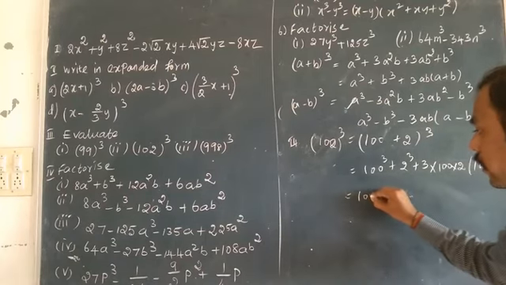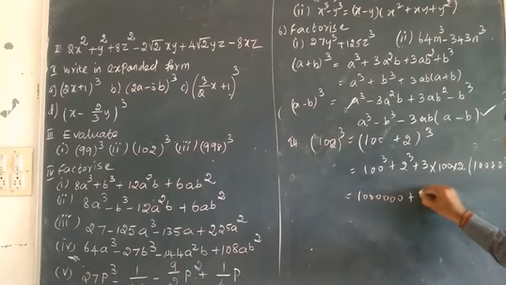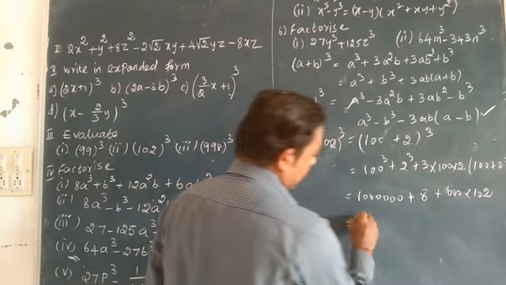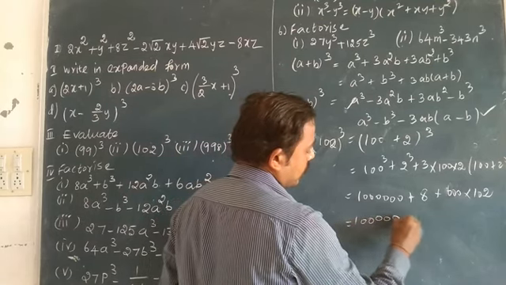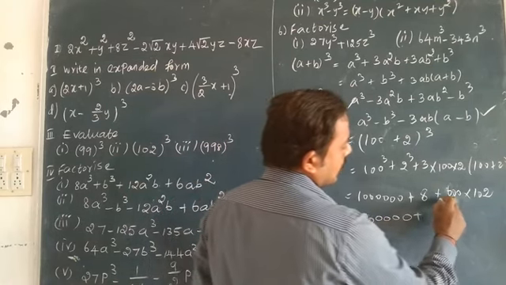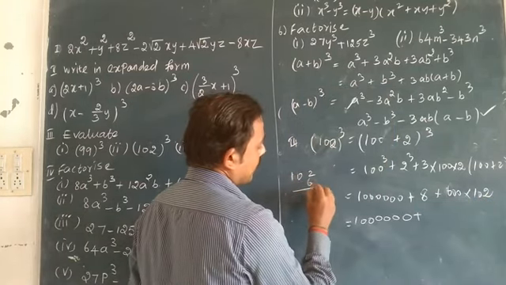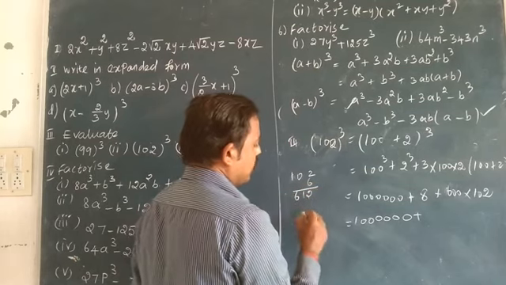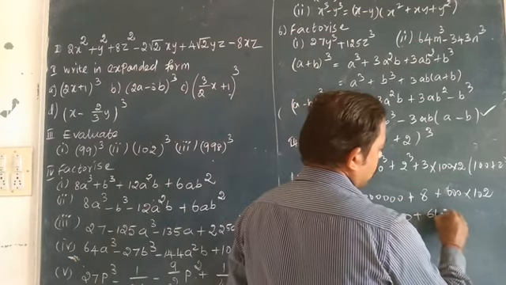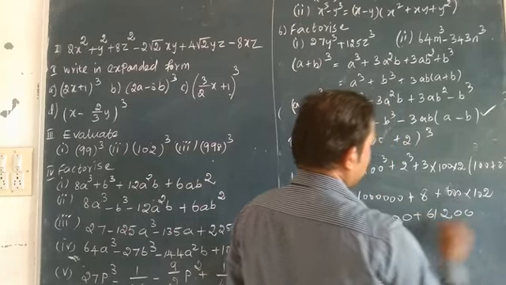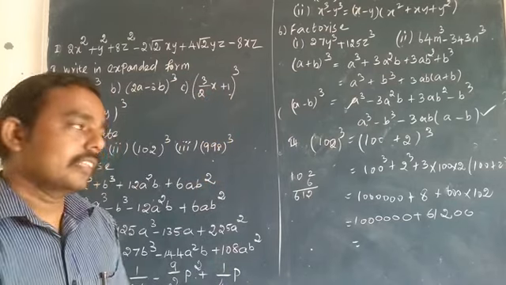So 100^3 is 1,000,000, plus 2^3 is 8, plus 3 into 2 is 6, so 600 into 102. So that is 1,000,000 plus 102 into 6, 612. The addition of this is the final answer. Like that you can do.